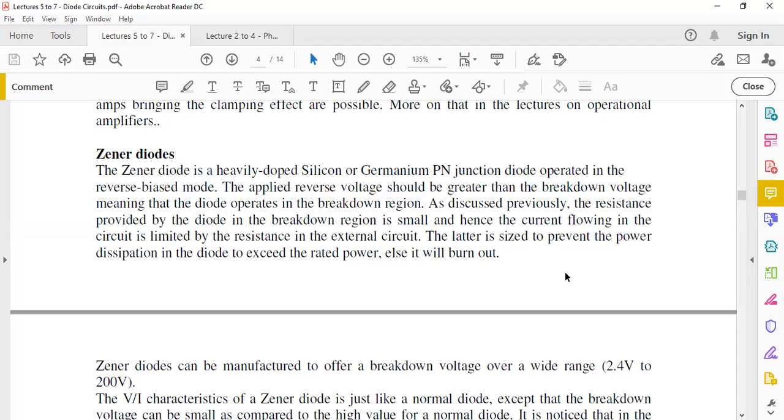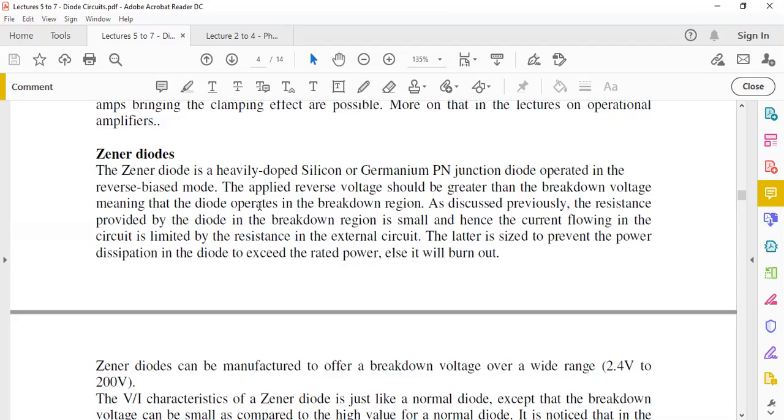Okay, so as you've seen before, when we were discussing the normal diode, we have two mechanisms which explain the breakdown region: the avalanche breakdown and the Zener breakdown. When we talk of Zener diodes, the name comes from the Zener breakdown mechanism, where our diode, be it silicon or germanium, is heavily doped.